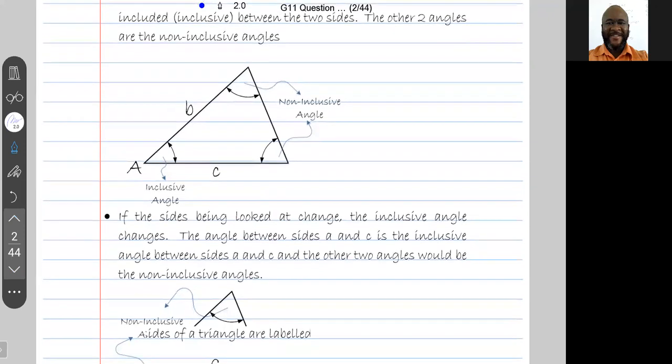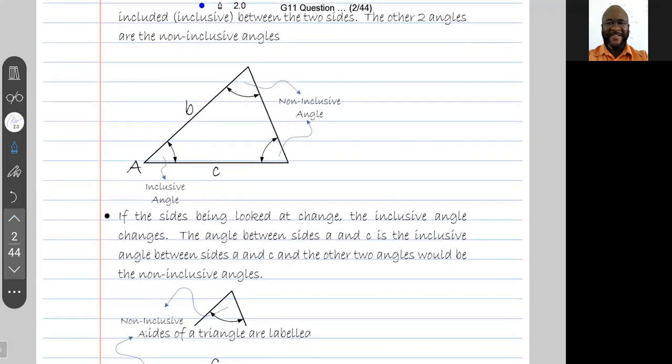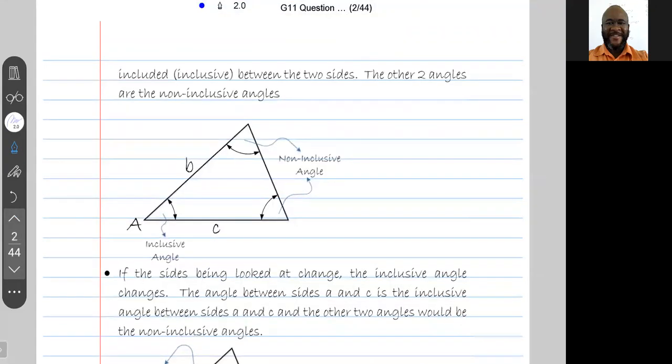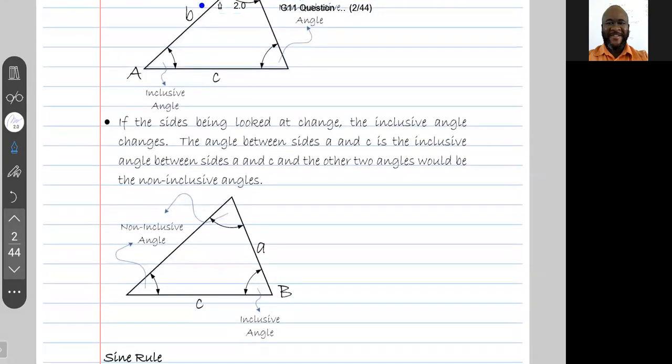All right, so here's what I was saying to you. We have the sides B and C. The angle between them is the angle A. A is the inclusive angle, and the other two angles would be the non-inclusive angles. Now here it is.